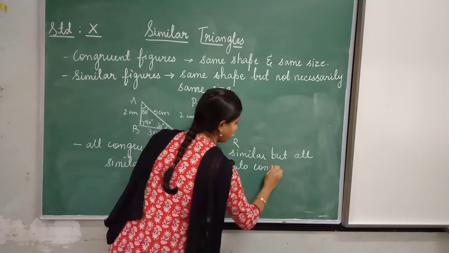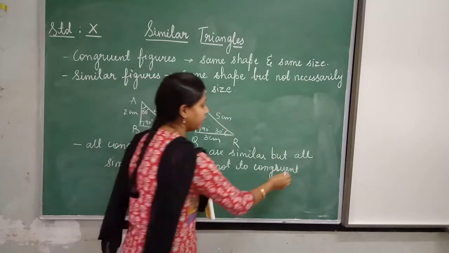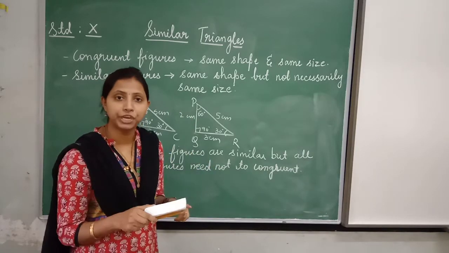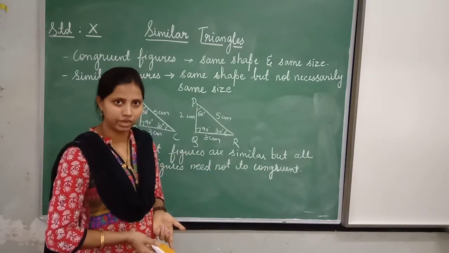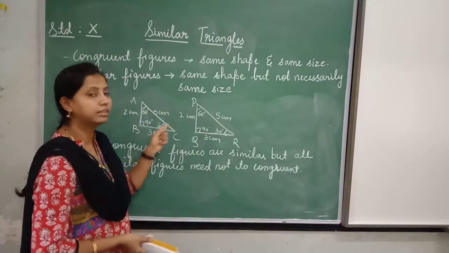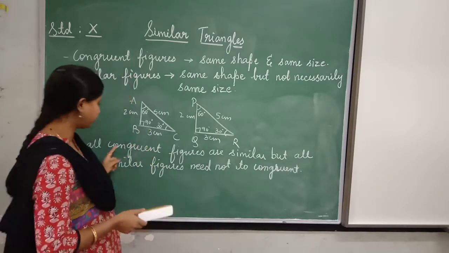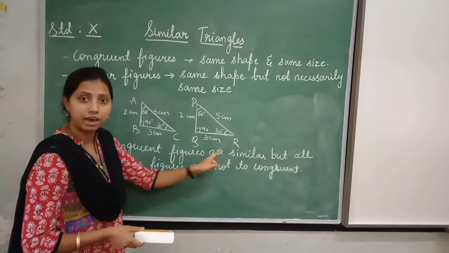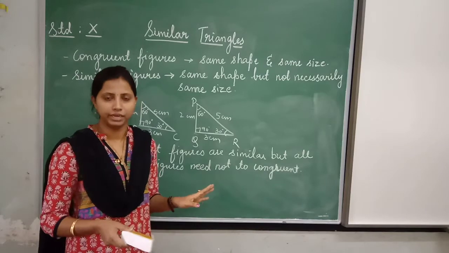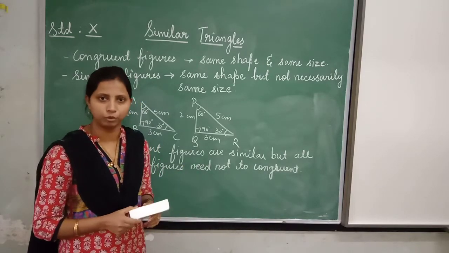They may or may not be congruent, but all congruent figures will definitely be similar figures, because congruent means they have exactly the same shape and the same size. So definitely all three corresponding angles will be equal and the three corresponding sides will also be in equal ratio. Remember, all congruent figures are similar, but all similar figures need not be congruent.